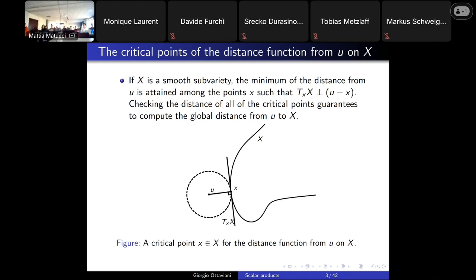So this will be important in the following, and I anticipate that the number of critical points in some sense measures the complexity to compute this minimum. So it quantifies the complexity of computing the global minimum. That's correct.